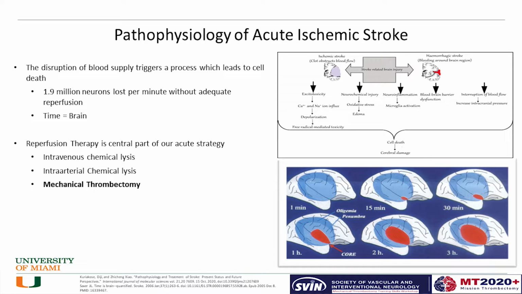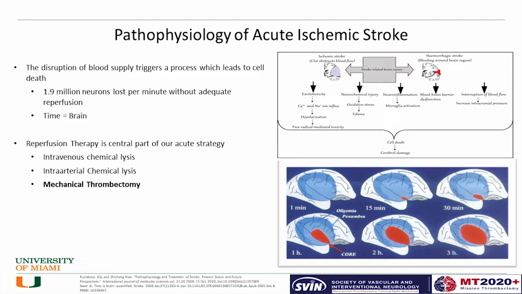That's the ischemic core. And as time goes on, that core gets larger and larger until it approximates the penumbra. At that point, opening the vessel is not helpful because the brain cells have already died. So our aim is to open this blood vessel, revascularize, before this process is complete and essentially disrupt this process.